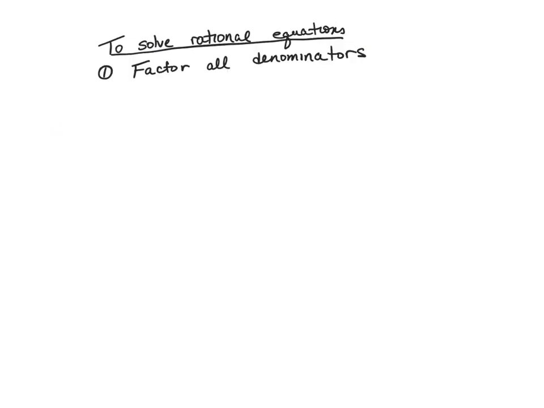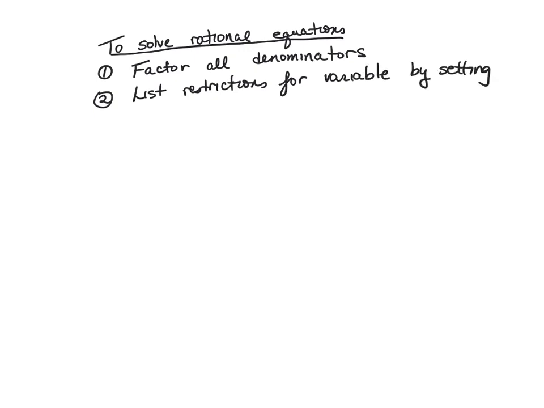So let's summarize. To solve rational equations, the first thing we did was to factor all denominators. Next, list restrictions for the variable by setting each denominator to 0. 3.